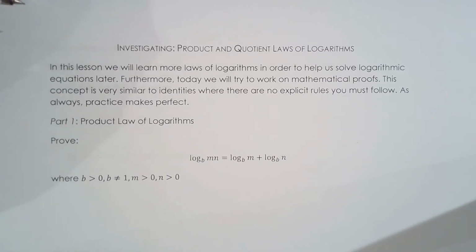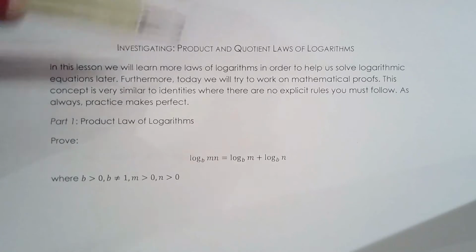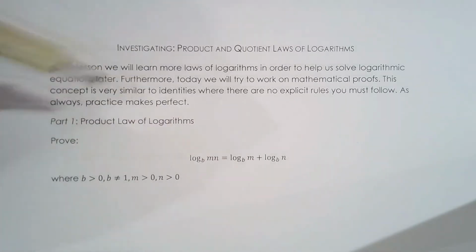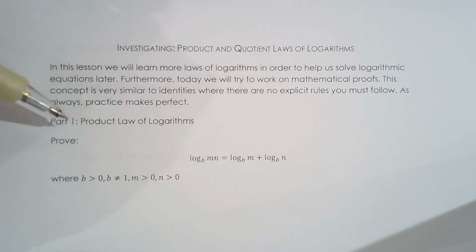Now, in the previous lesson, I also said that these logarithm laws are very much related to the exponent laws that you learn in grade 9. So I spoiled the laws by not only writing out what they are, but giving you the name, product law of logarithms. So hopefully you remember the product law of exponents because they're very much related.